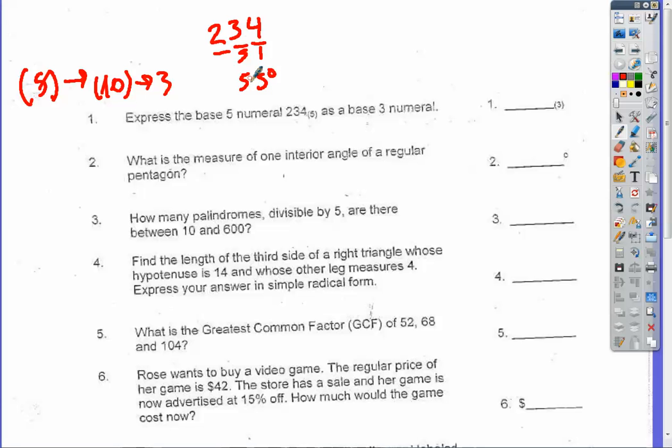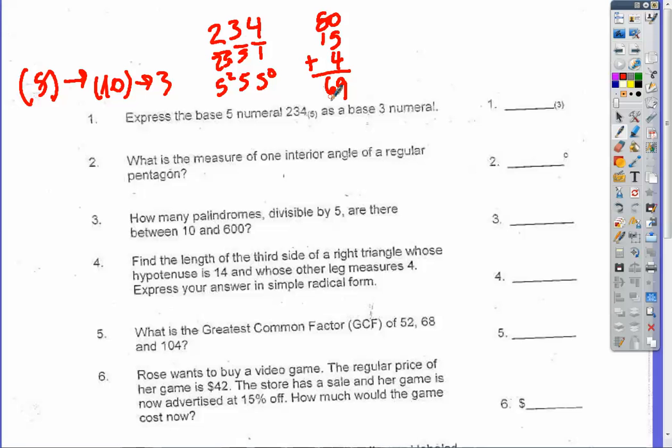This is 25 because this is 5 squared. So 2 times 25 is 50, because I have 2 groups of 25. And then 3 groups of 5 is 15. And then 1 group of 4 is 4. So I add these together and I get 69 in base 10 numerals.